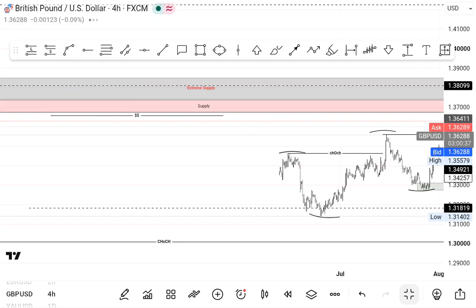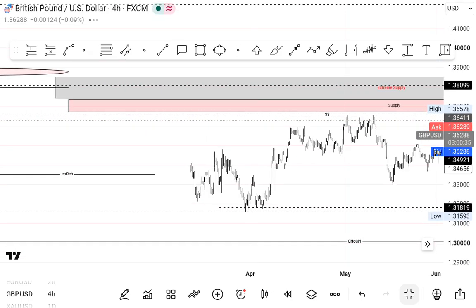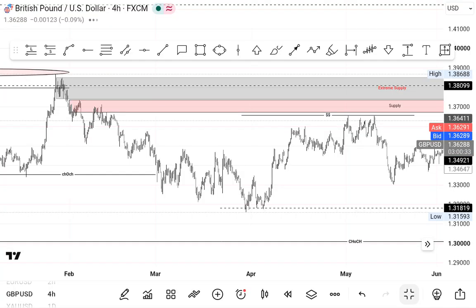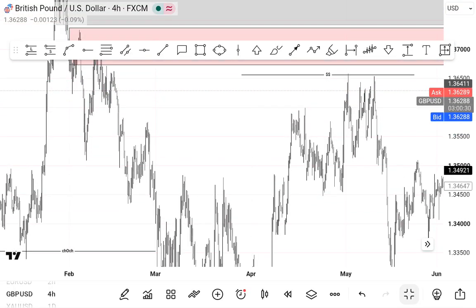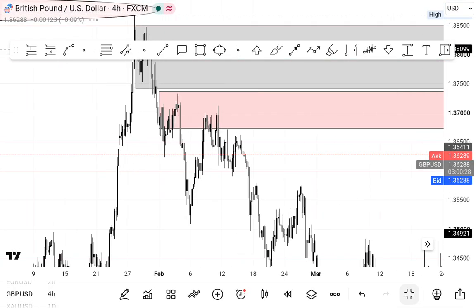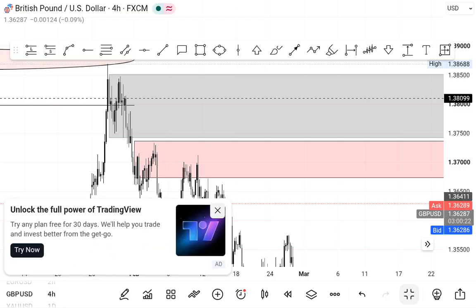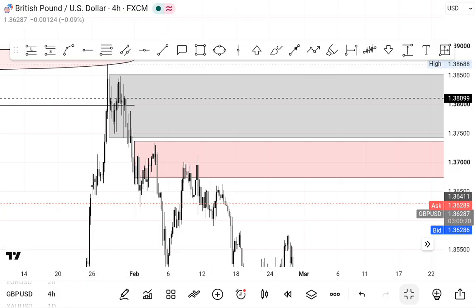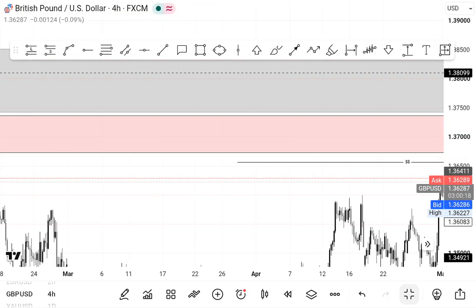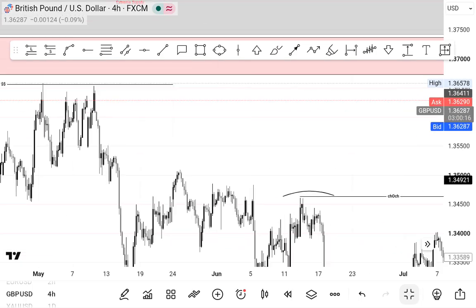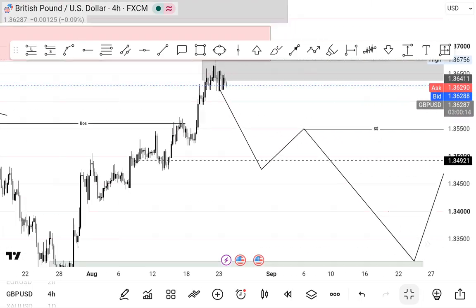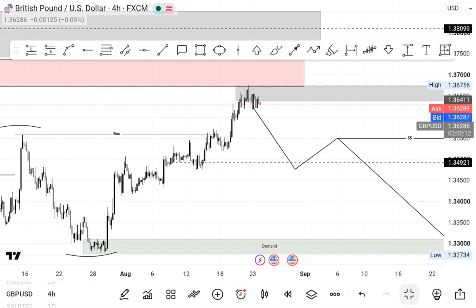According to what I see, I don't want to see two POIs around where I want to enter. So what I will do is focus on the current one, which we already mitigated right now. We already mitigated this one.